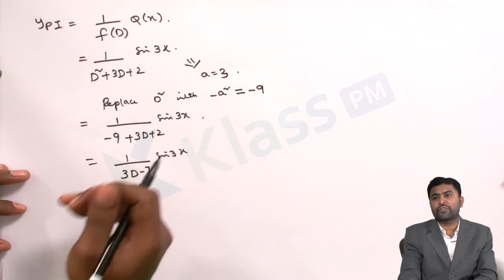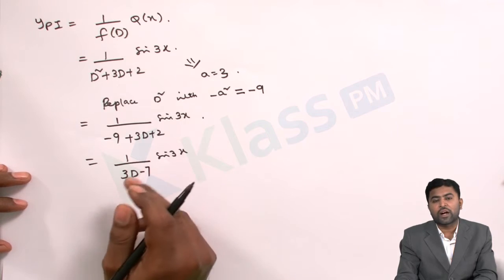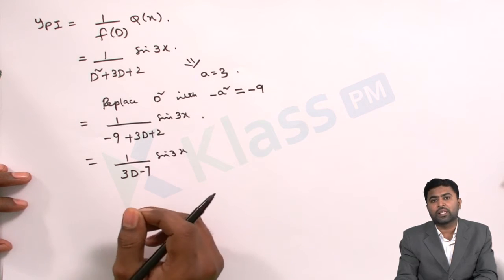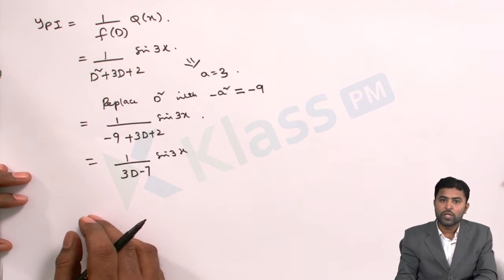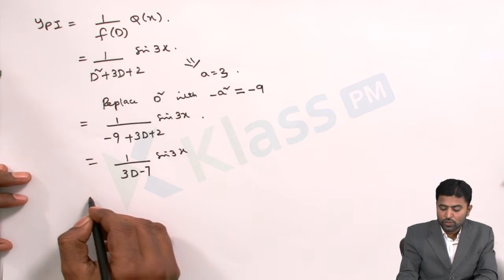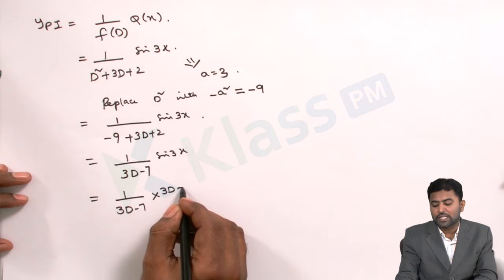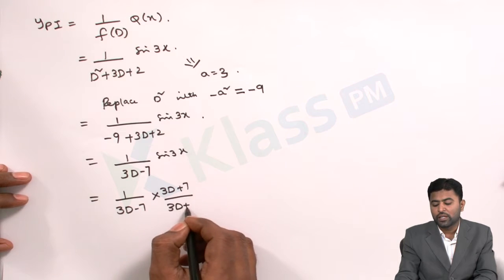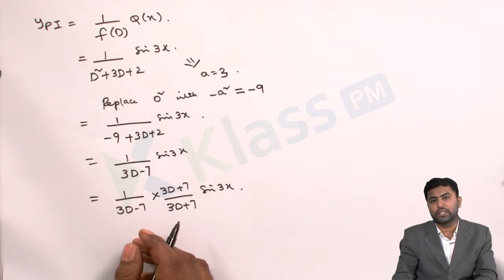Now I cannot solve it further by taking the term 3D minus 7. Why? Because that function should be in terms of D square. Then only I can solve the problem by using that particular technique. So for making this a D square, I have to rationalize it. So on rationalization, 3D plus 7 by 3D plus 7 into 1 by 3D minus 7 sin 3x. For using the technique, you have to rationalize first, then the denominator becomes in terms of D square.